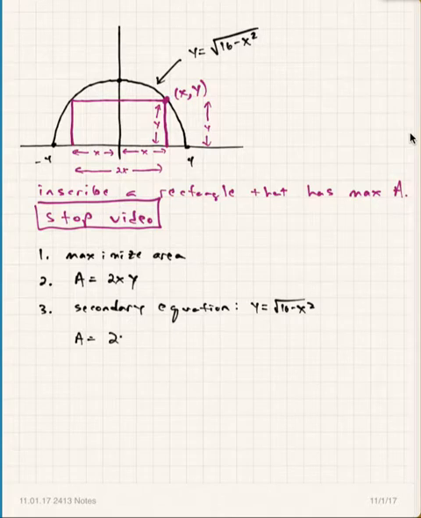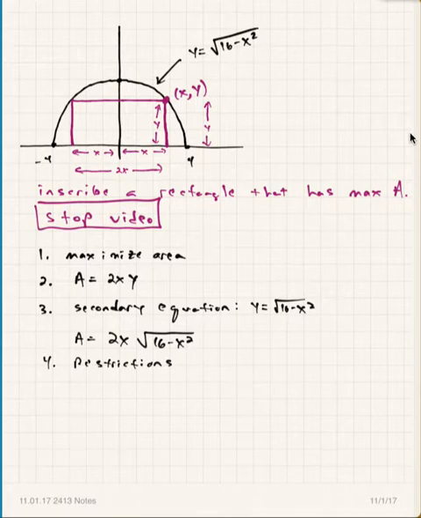Now, step 4 is restrictions. The restrictions in this case would be that x has to be between 0 and 4. x could not be equal to 0, x could not be equal to 4. So x has to be somewhere between 0 and 4.